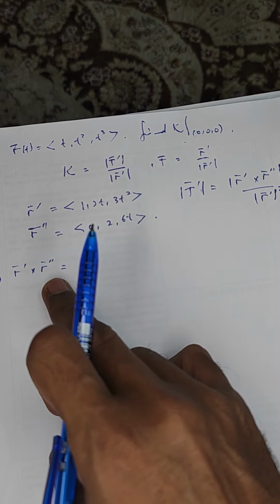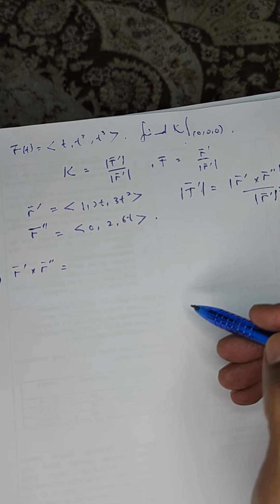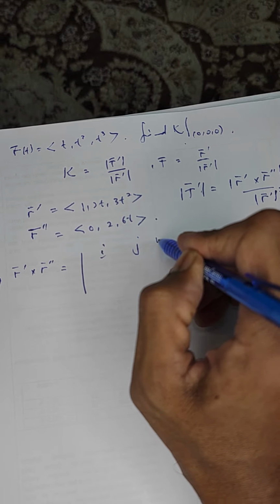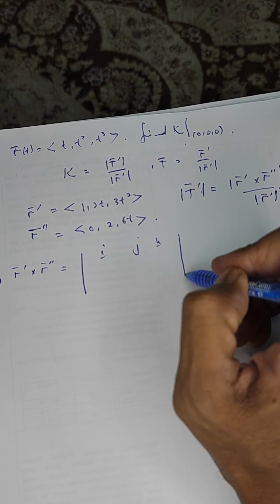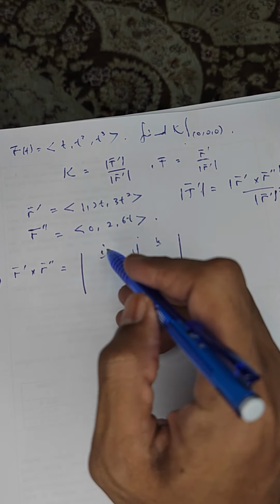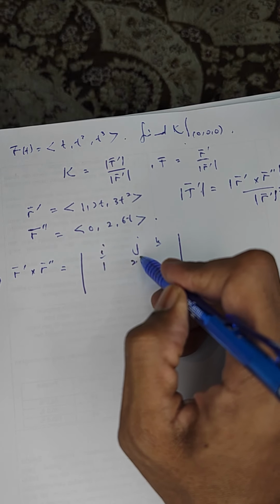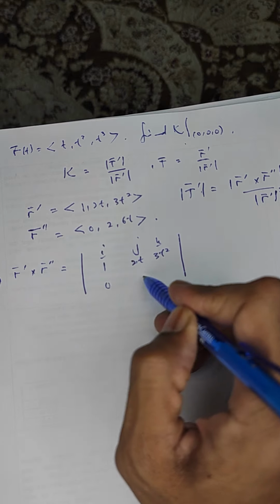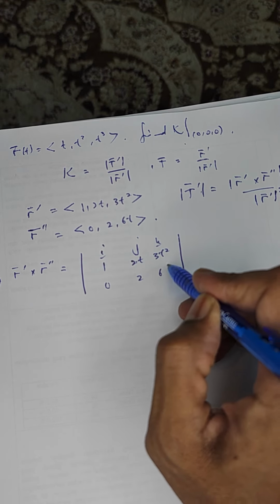If you do this, how to do this, this is i, j, k. For r prime you have 1, 2t, 3t squared, and for r double prime 0, 2, 6t.